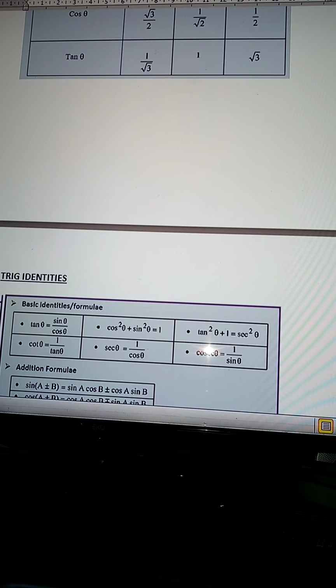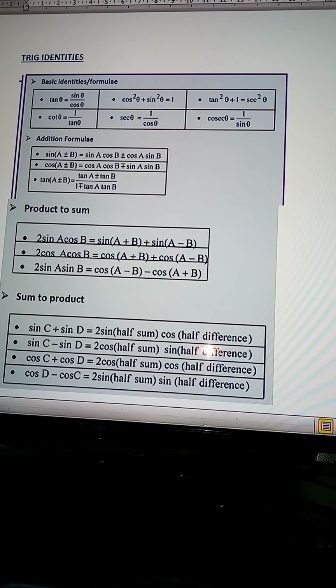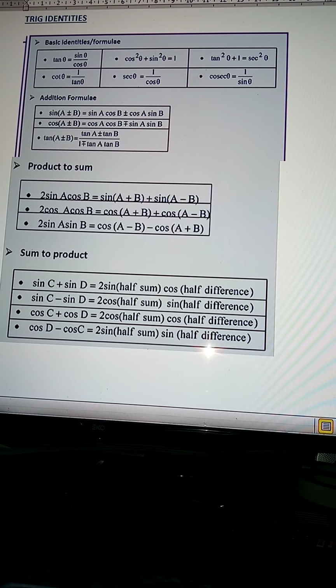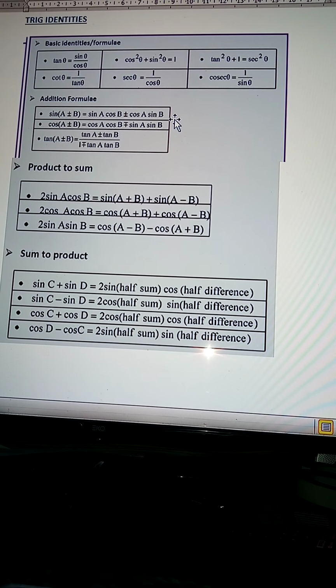Okay, the next one is the trig identity table. The special triangle and the trig identity table, especially this one, the addition formula. Product to sum, sum to product. Now, the addition formula, if you see it, it's sine of A plus B, A minus B, and then you look at it: it is equal to sine A cos B plus.